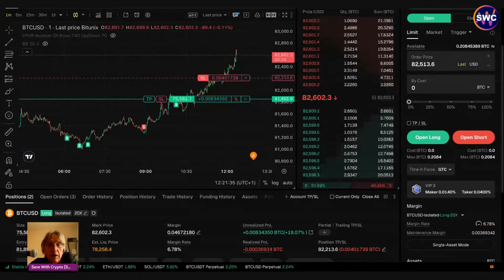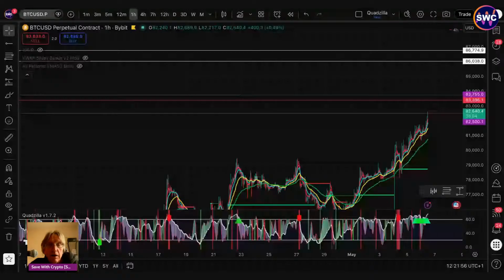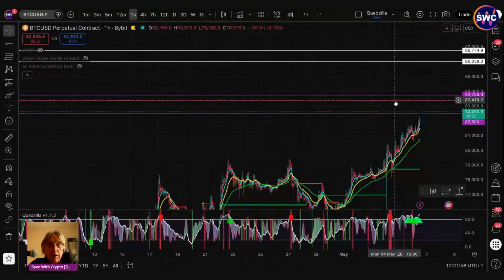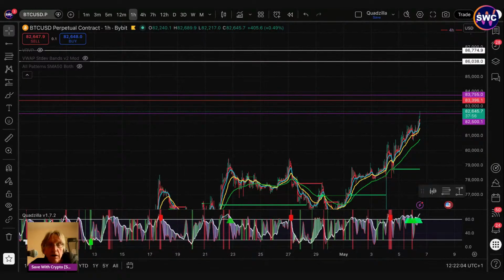So I think this area here, 83,400 essentially, I think that should be a take profit that I might go for. I think I might set that up actually. Yeah, let's say 83,400. Sorry, that was what I was just showing there. Let's go back to the exchange. Share that.